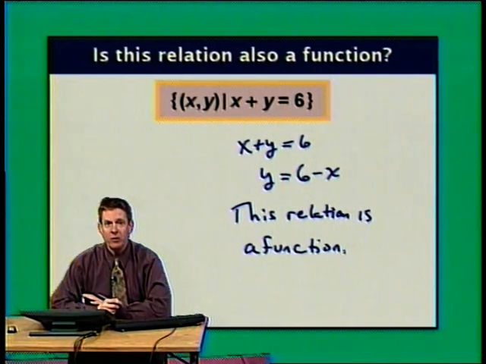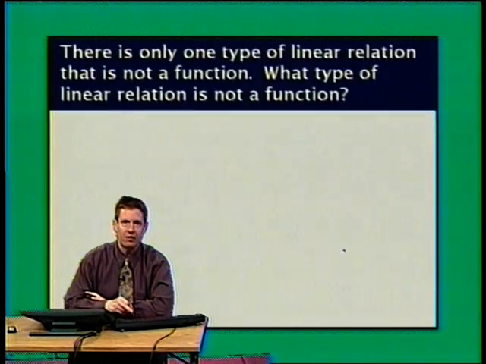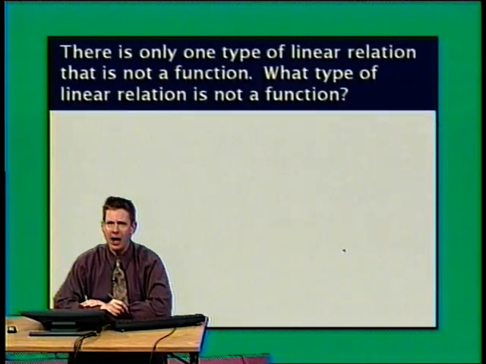Now, if we were to graph the equation y equals 6 minus x, we would get a line. And consequently, we call this type of function a linear function. And it turns out that almost any line you draw represents a function. As a matter of fact, there is only one type of linear relation that is not a function. What type of linear relation is not a function?